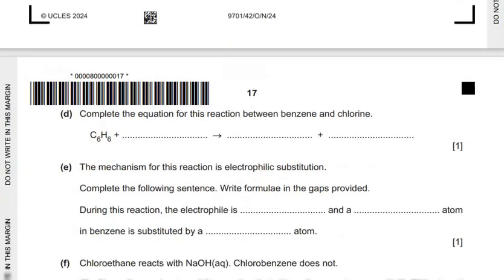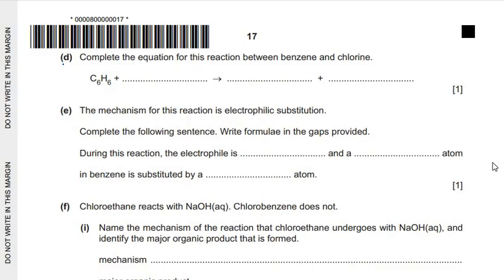Okay, let's go ahead. In the D sub-question, complete the equation for this reaction between the benzene and the chlorine. So here benzene is given as C6H6, and we are adding chlorine here. So we can complete it by replacing one of the hydrogens with chlorine. So this is C6H5Cl.